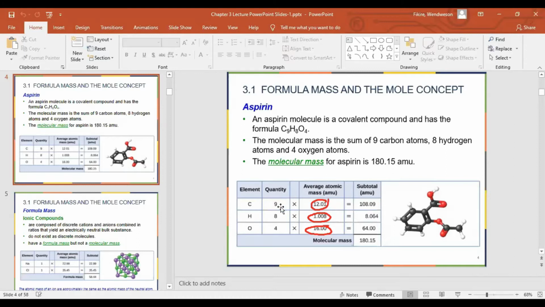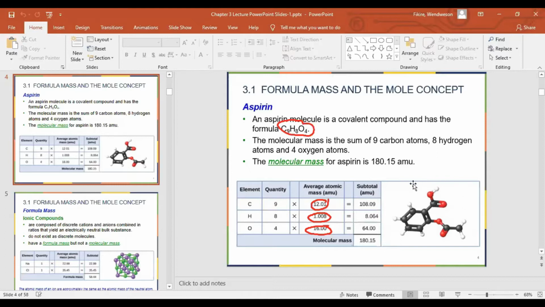So in this case, we multiply 9 by 12.01, which is the atomic weight of carbon, and 8 by 1.008, which is the atomic weight of hydrogen. There are 8 atoms of hydrogen. We are calculating the molecular weight for aspirin, C9H8O4. And for oxygen, we have 4 atoms, which we multiply by 16.00. When we add them up, we get 180.15.